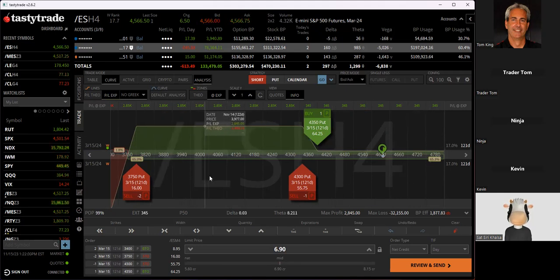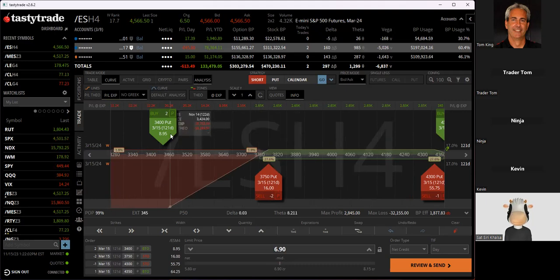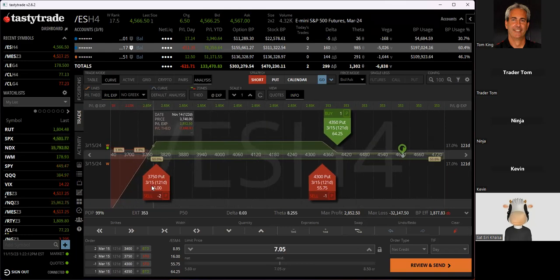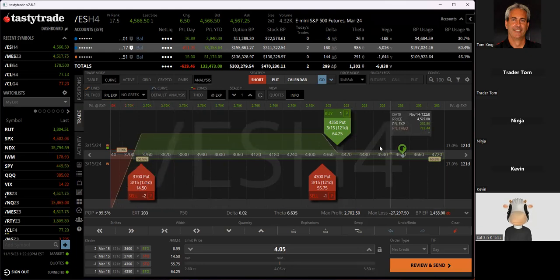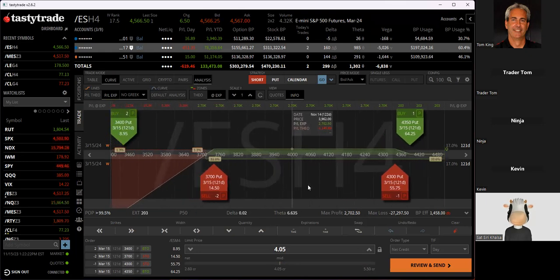Okay, so I had to make one adjustment here, but I put down about 300 points down. It's a good spot to start, I think. About 300 points down, I put on the 2 long puts, and then I did have to move up 50 points this particular put. There are other things I could have done instead. I still need to get a little bit more cash.